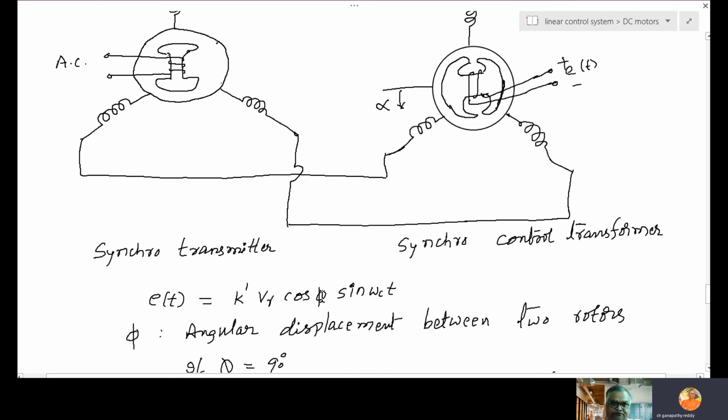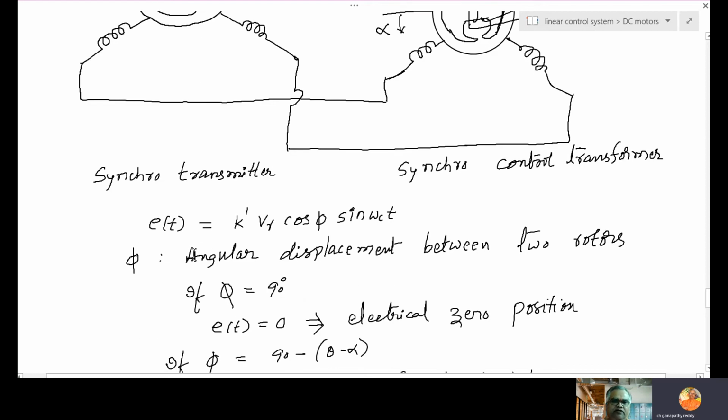Cos φ here. What is this φ? The transmitter rotor rotation is indicated with θ, and the synchro control transformer rotor rotation is indicated with α, and φ is the angular displacement between the two rotors.